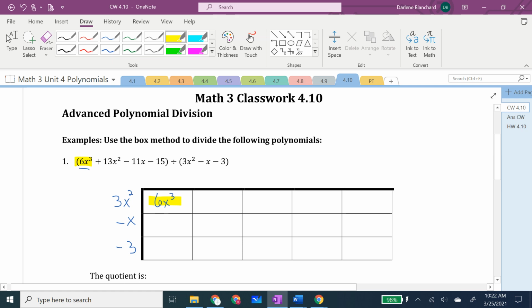The next term we're going to need to create is 13x squared. But I want to tell you ahead of time that we're going to get 13x squared when we add these two boxes together.